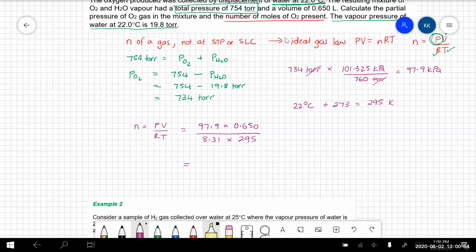Run that through the calculator, and my number of moles turns out to be 2.60 times 10 to the minus 2. So really just an ordinary old ideal gas equation problem, but you have to use Dalton's law first to work out what the pressure is of the gas you've collected.